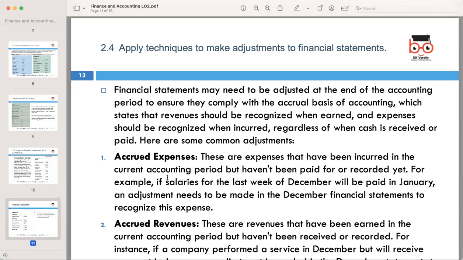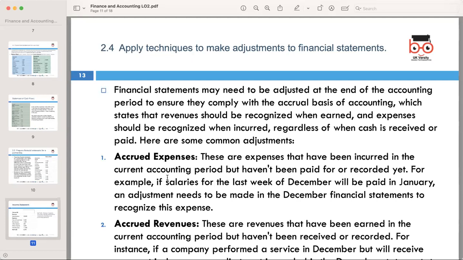For example, say a company's employees work during the last week of December, but their salaries will be paid in January. In this case, we need to make an adjustment in the December financial statement to recognize these expenses.